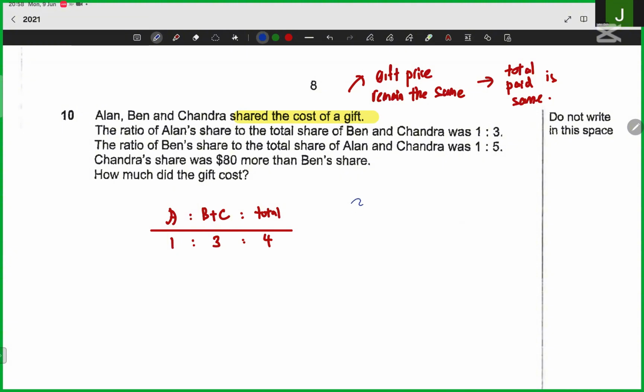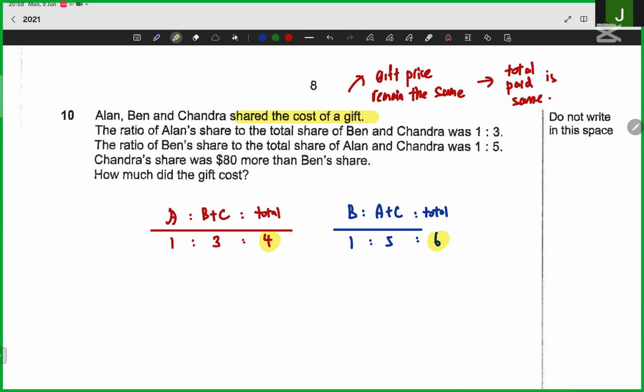So Ben is to Alan plus Chandra is 1:5. Total 6. But the amount that they spend must be on the present. The present must be the same price. So we need to make the total the same amount of units.